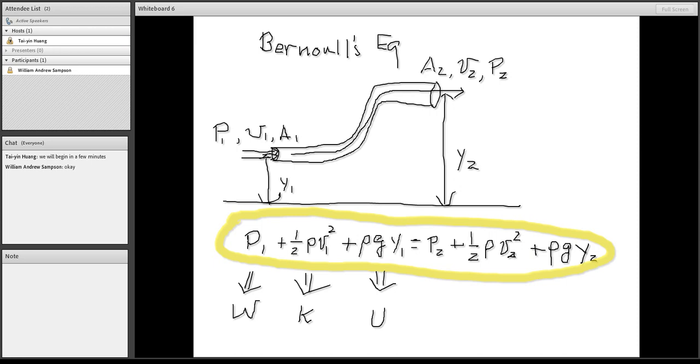Because energy has to be conserved, every point on this channel has to satisfy this. This equation tells you that the whole thing is a constant, and that is Bernoulli's equation. Any questions so far?